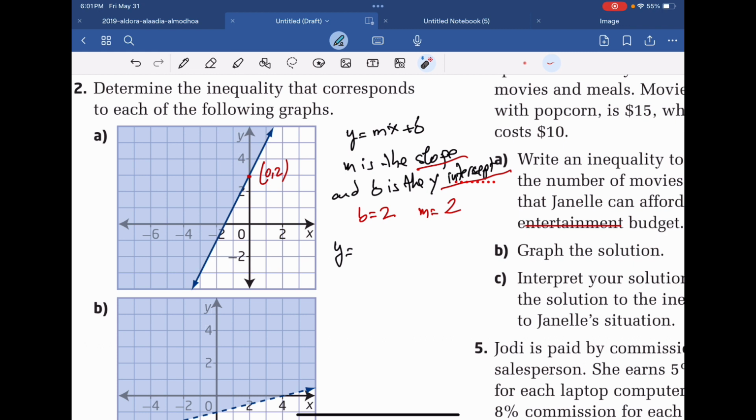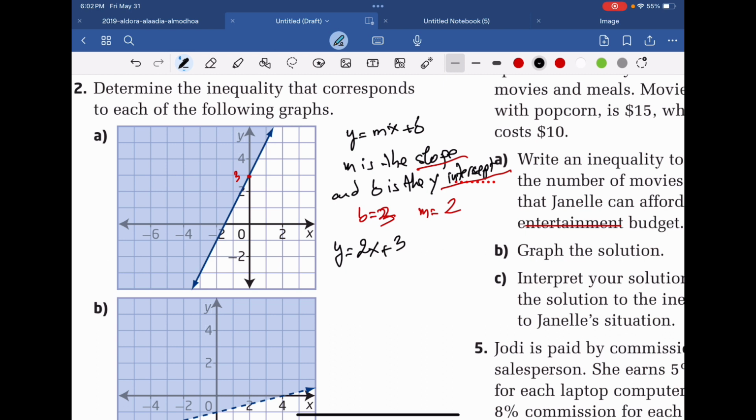But let's find the equation of the line first. y is equal to m, which is 2, times x plus, yeah, this is not 2, this is 3, sorry. This point is 3, so the y-intercept is 3. Okay, good, plus 3.